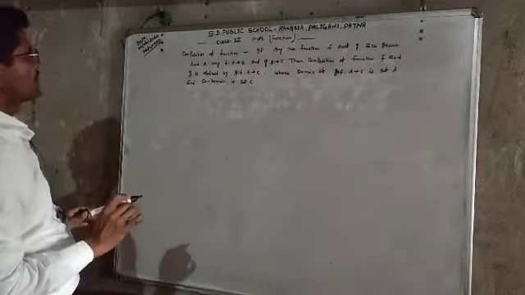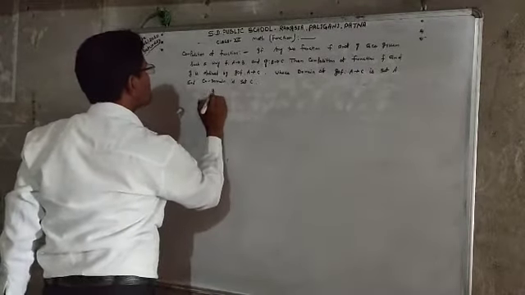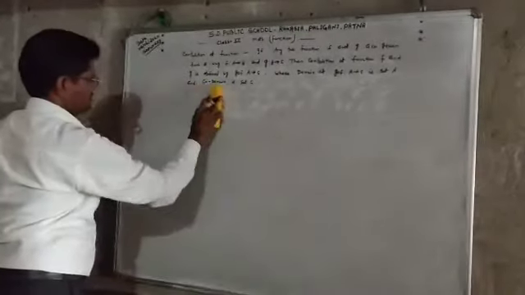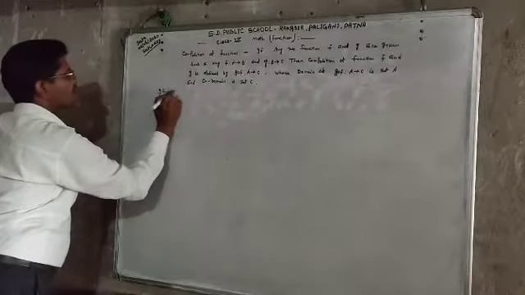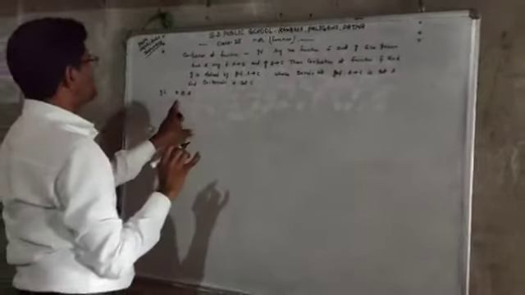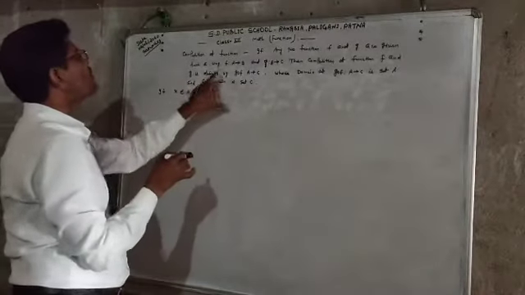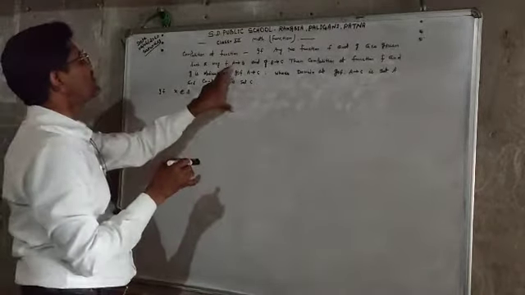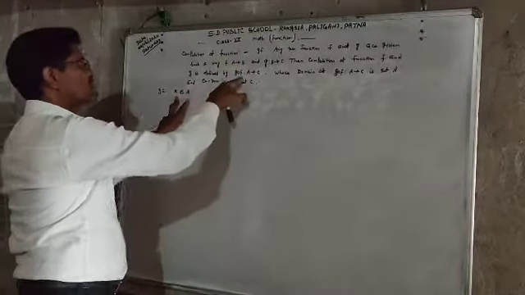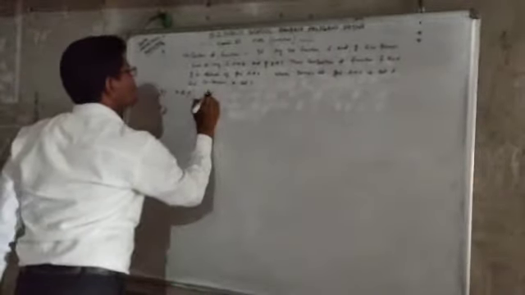Suppose that it is defined as GOF. If x is an element of set A, that is, x is an element of the domain of the function f, then we can define GOF of x.